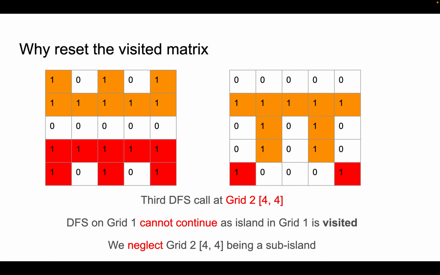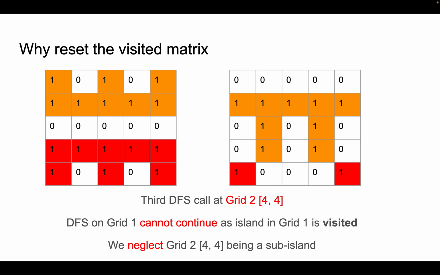So when we call our DFS again for grid 2 position 44, we realize that DFS on grid 1 cannot continue as the island in grid 1 is already visited. In essence, if you look at the visited matrix in grid 1, the value at 44 would already be visited, so we cannot traverse to that.